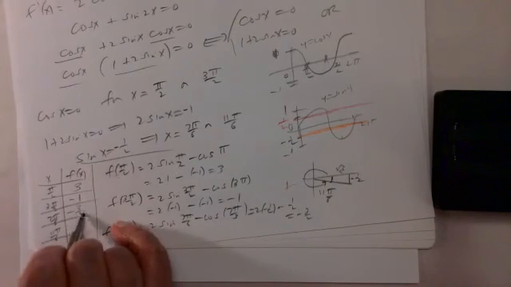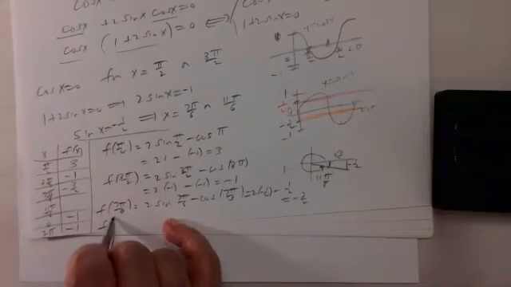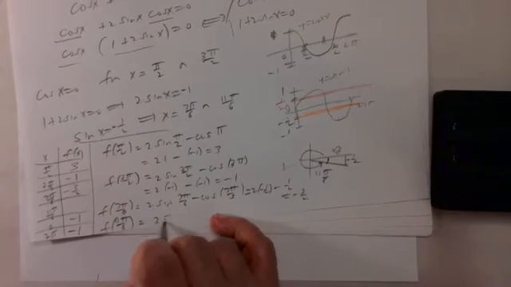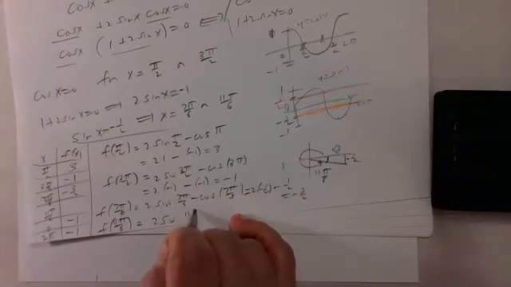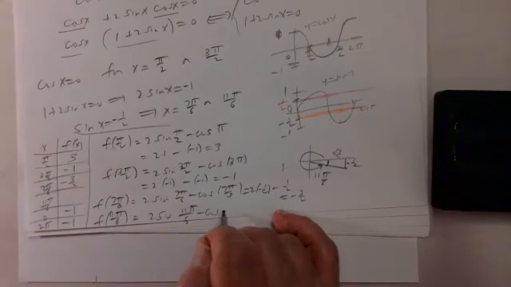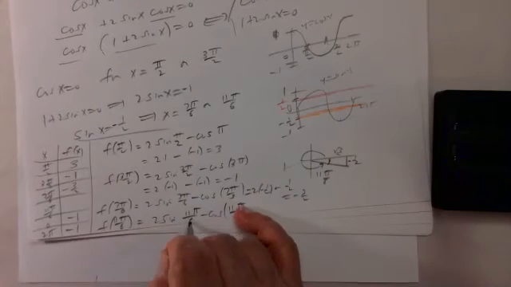I'm just trying to squeeze this all in. And the last value is f of 11 pi over 6. That's 2 times the sine of 11 pi over 6 minus the cosine of 2 times this, which is 11 pi over 3.